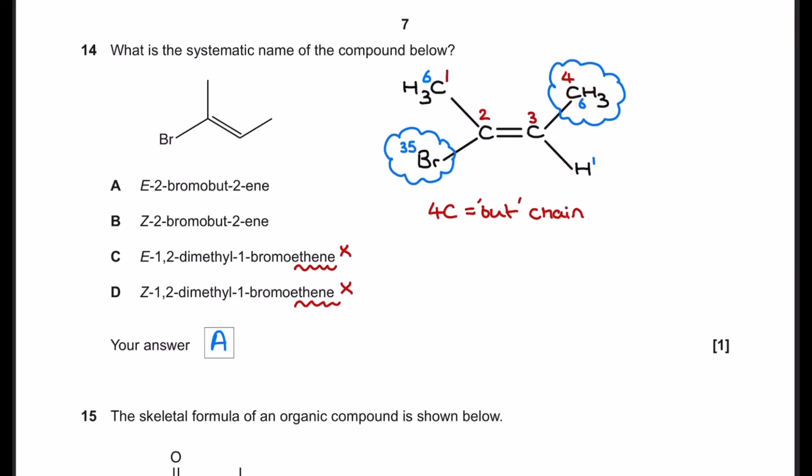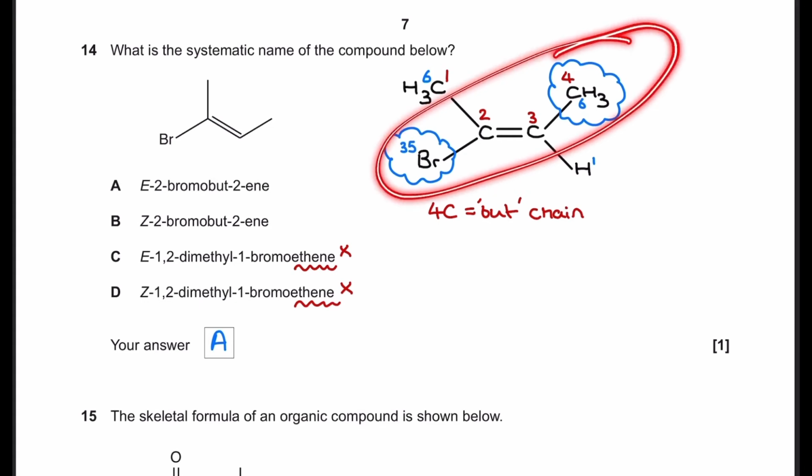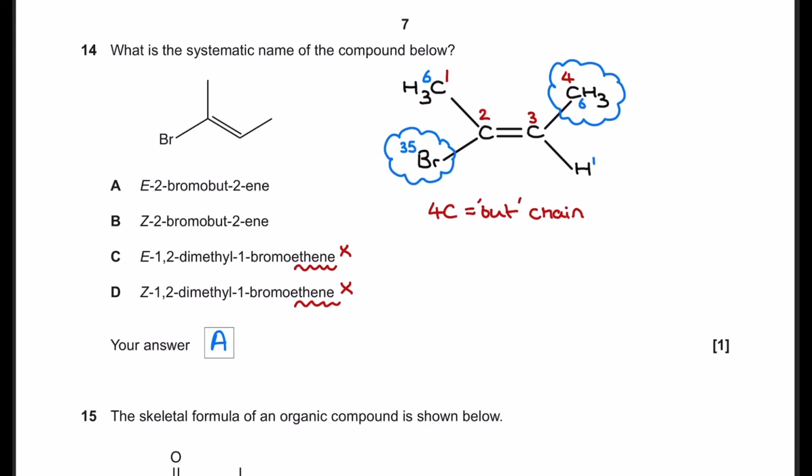I've got a carbon at the top and a hydrogen just here with the blue numbers of 6 and 1, identifying this top group here, so this carbon atom immediately bonded to the carbon on the right as my high priority group. That means if I look at the position of these two high priority groups, I'm able to determine that this is the E stereoisomer, so my answer is A.